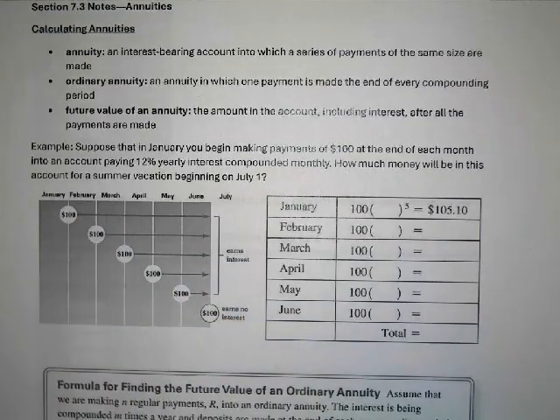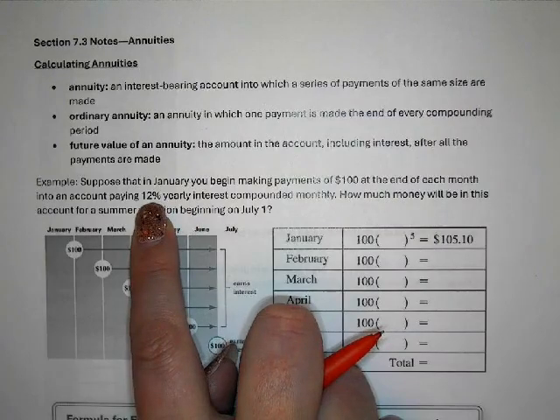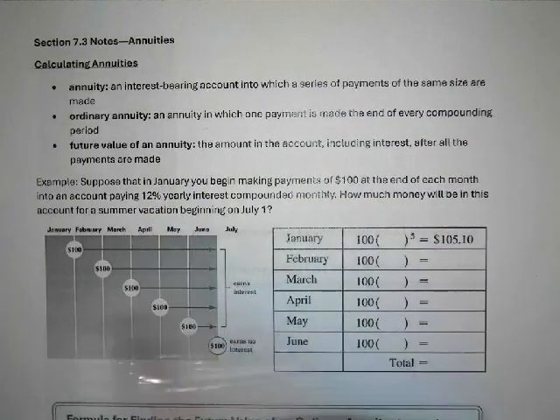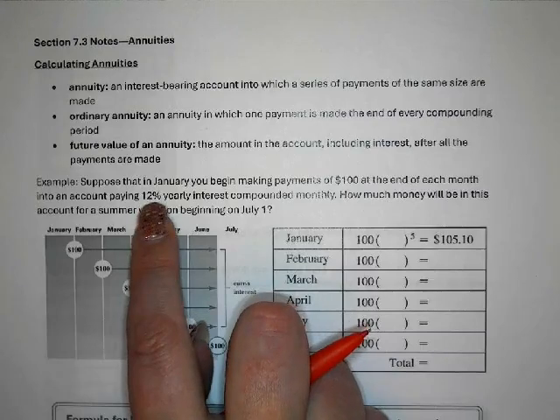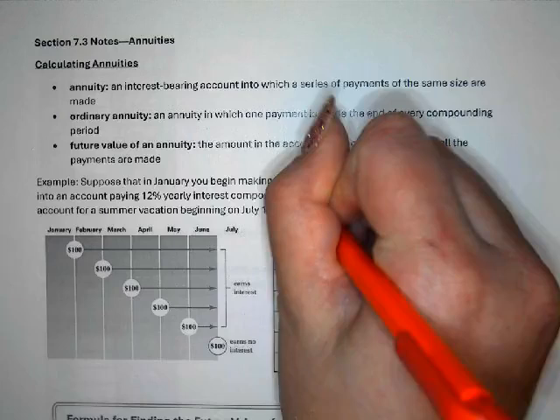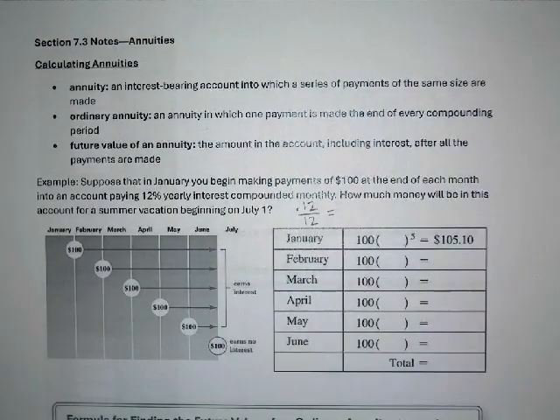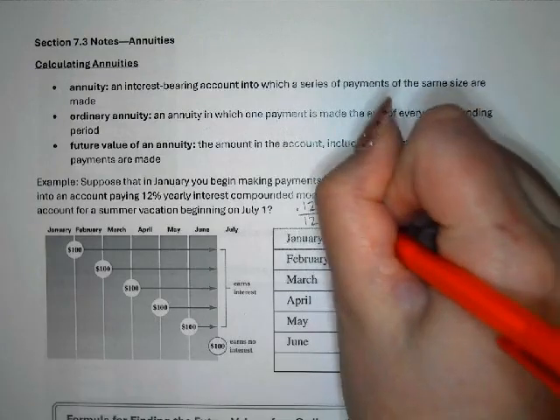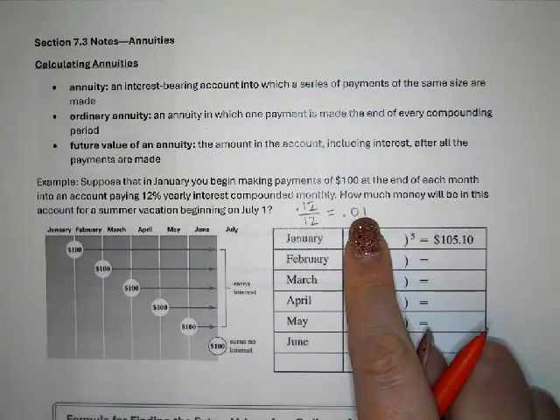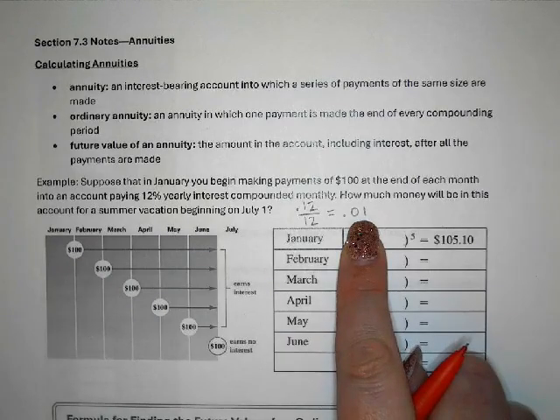And the interest that it's going to accrue is 1/12, 1 month's worth, of 12%. So I'm going to take the 12% and divide it by 12, and 12% divided by 12 is 0.01. So each month that $100 can earn 1% of interest.